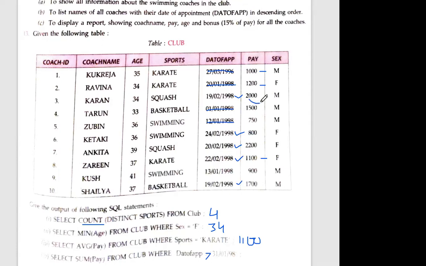It means 2000 plus 800 plus this one, so ultimately 5,000, 6,100 and then 7,800. Fine. The correct answer is 7,800. All those who have given this answer. I hope this is clear to all of you.